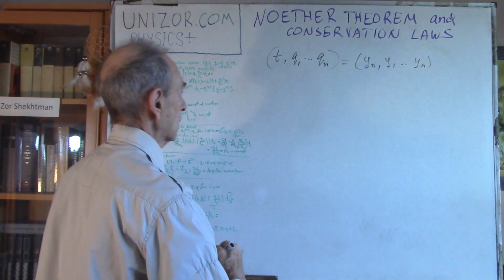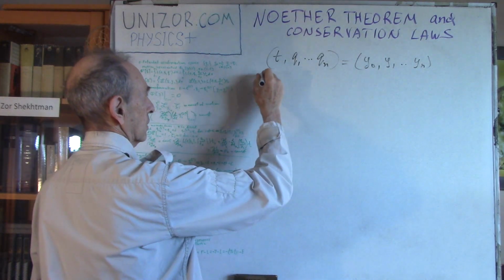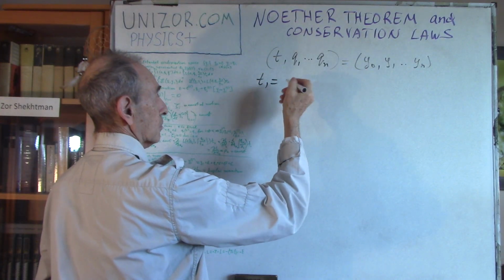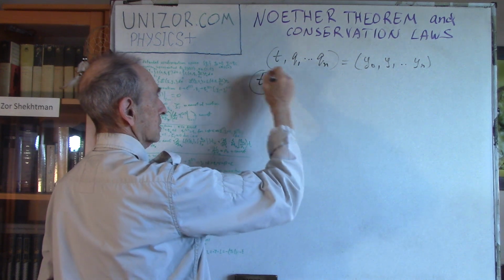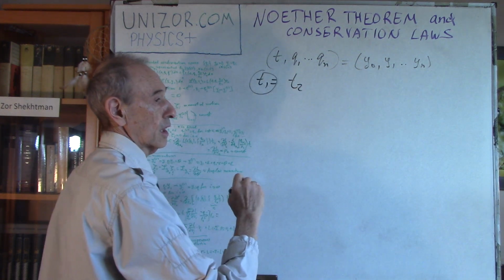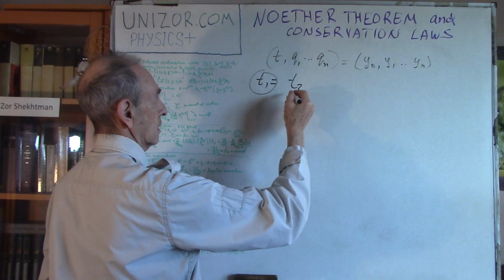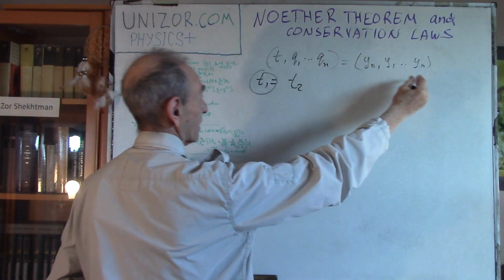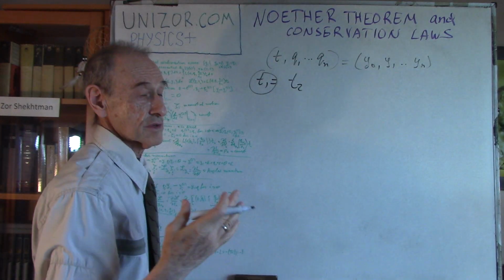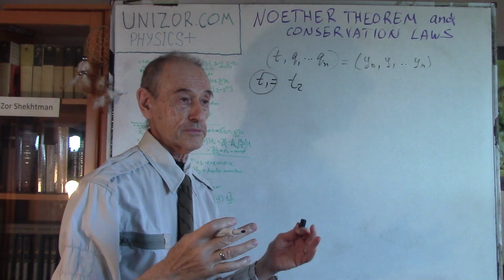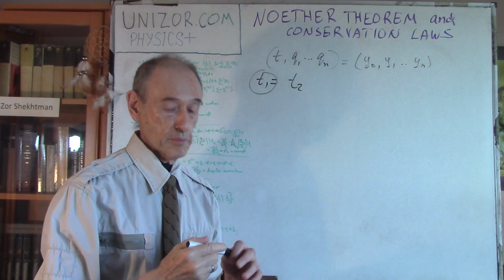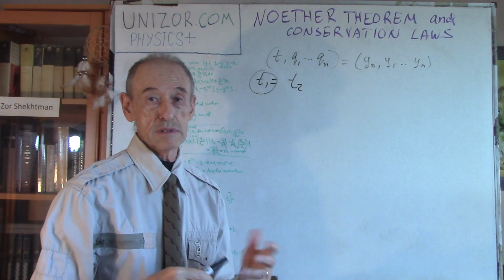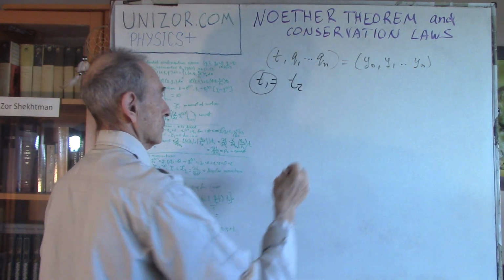Beginning would be for time t1, and the ending would be t2, but both t and q, basically y, are functions of some parameter, because a curve in a space of any dimension can always be represented by parameterized formulas.